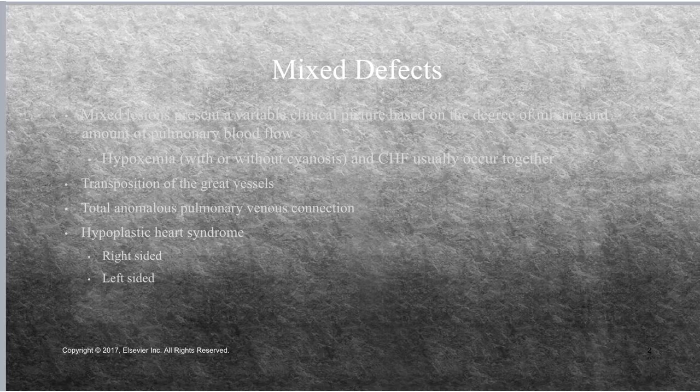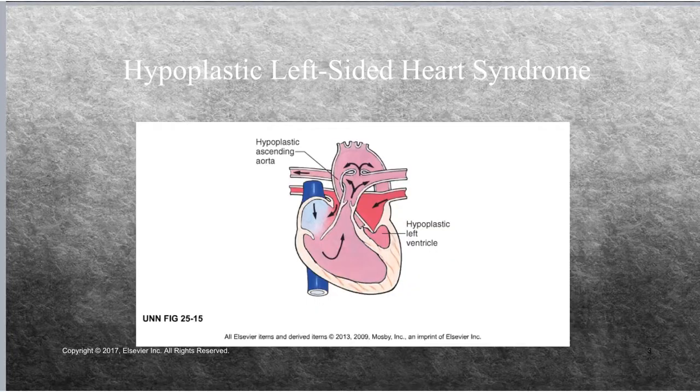However, you will see there's something slightly different with hypoplastic left heart syndrome that changes this scenario a little bit. All right, so here, this is hypoplastic left heart syndrome.